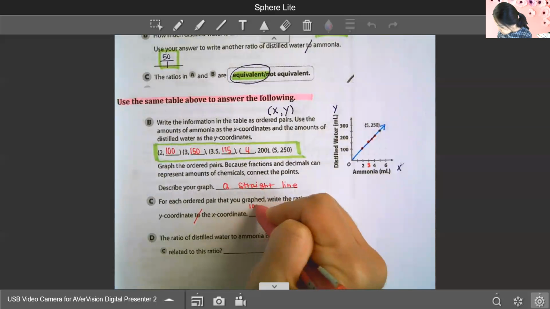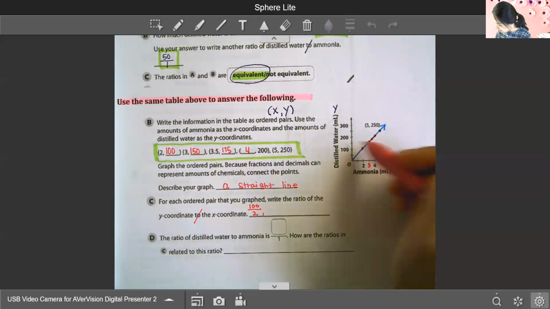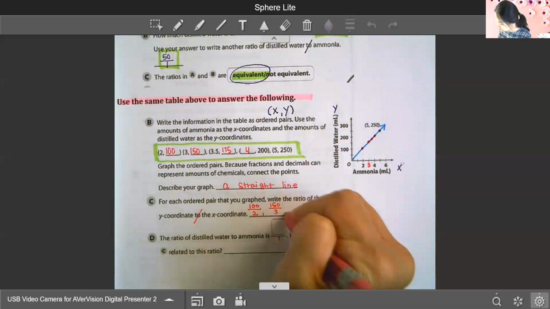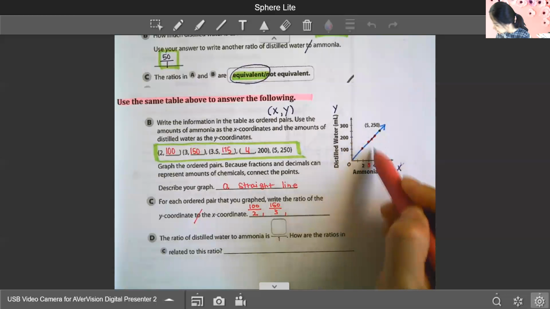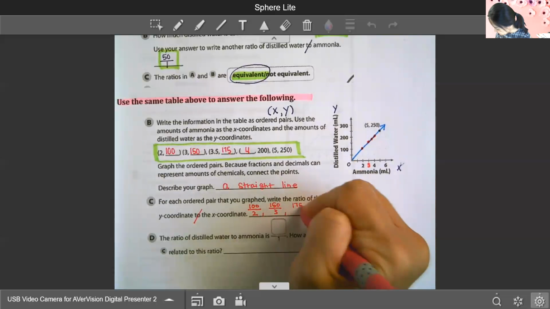So 100 to 2. The next one is y is 150, x is 3. So 150 to 3. The next one, remember it was 175 and 3 and 5/10. So 175 to 3.5.